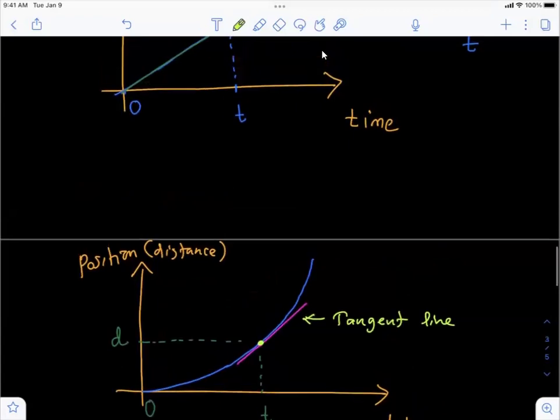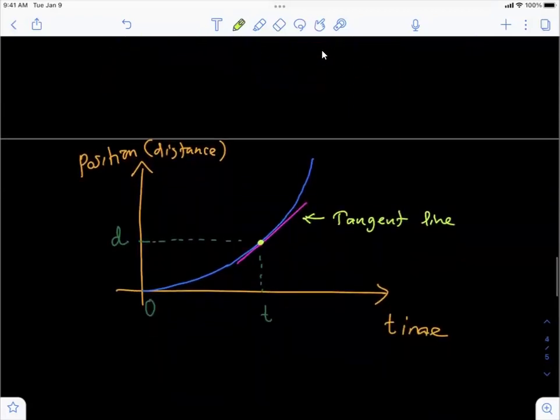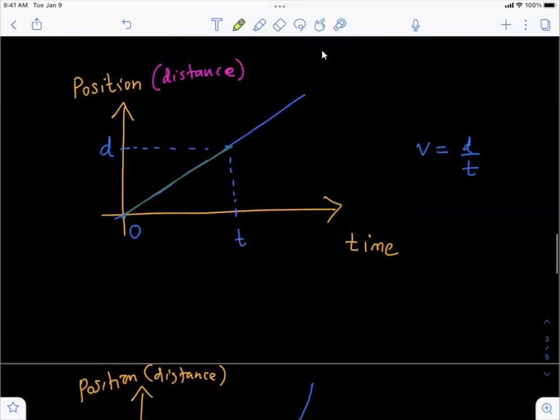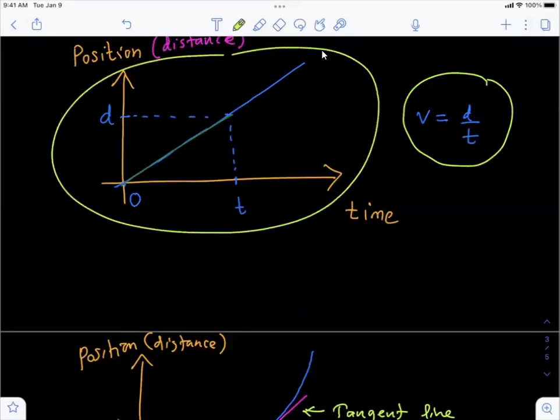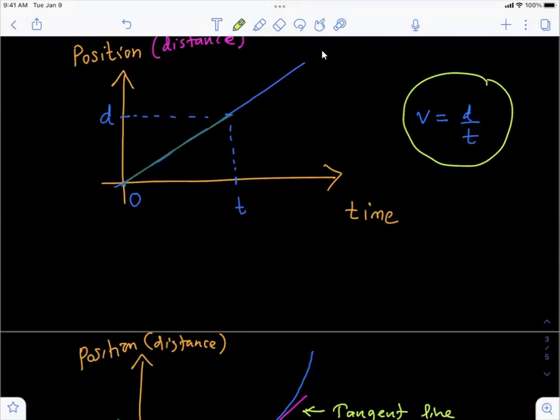The important idea about this speed or this velocity is this gives you an average velocity. In fact, like in this scenario, it coincides with exactly the instantaneous velocity because it is already a straight line.